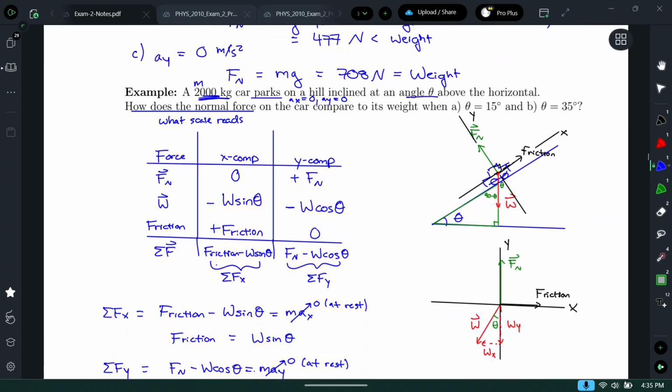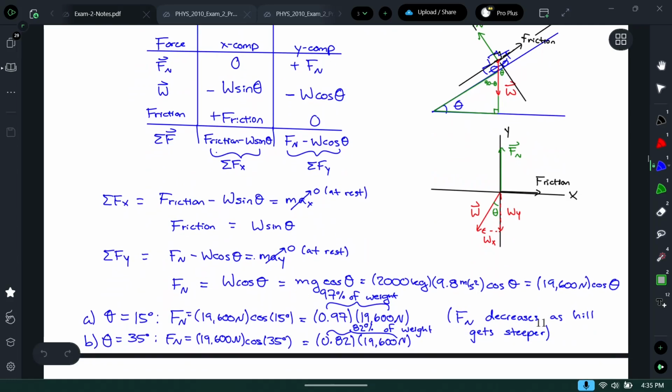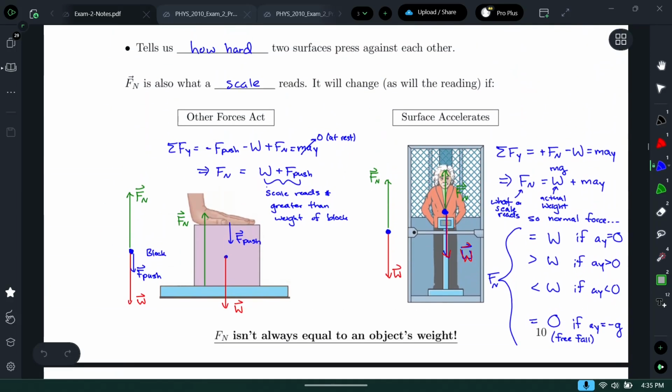The other thing to know about it is that it is not always equal to the weight of an object. For instance, on a ramp, it's not. It is actually less than the weight of the object, and so it can vary. You cannot automatically set it equal to mg. That's not always true. That's something you prove through a process like the ones we did for each of these cases.